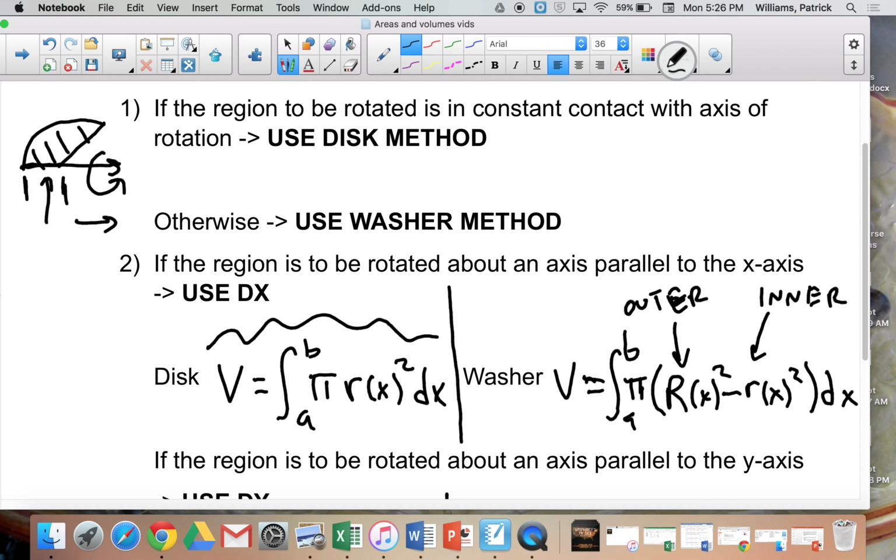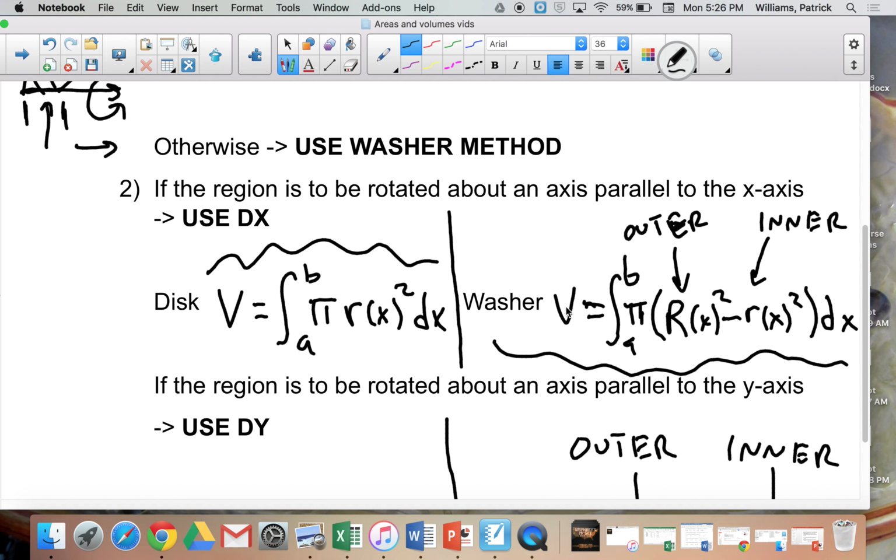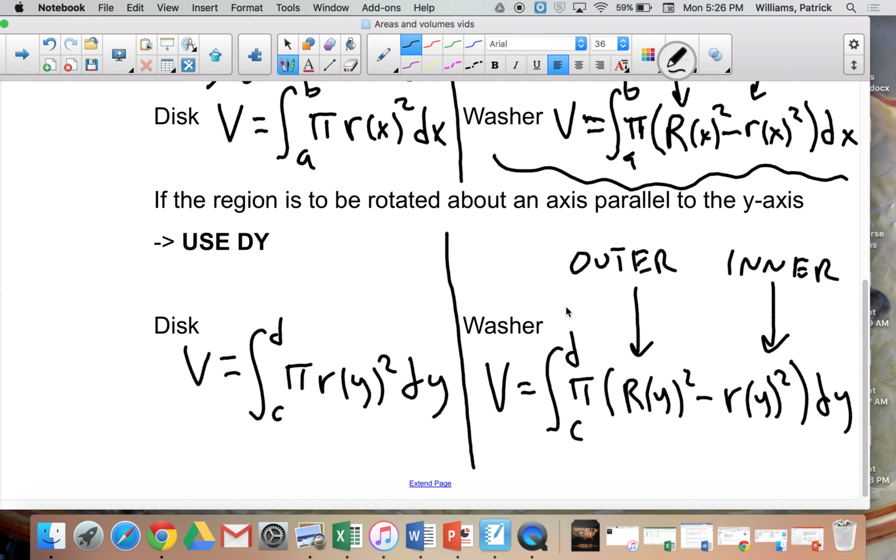If we're using the washer method, this would be the integral we want to solve, remembering that difference between the outer and the inner radii of our kind of ring-shaped cross-section. Now, if we have the opposite, if the region which we're rotating about is parallel to the y-axis, we use dy. And then our equations for the disk method become this. Our equations for the washer method become this one.